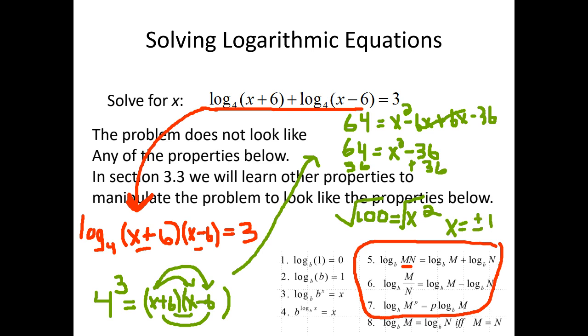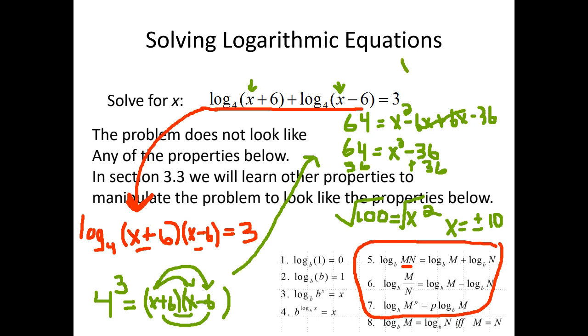Okay, so that is my possible solutions. I need to double check. So if I enter a positive 10 in here, I get 10 plus 6 is 16. 16 is greater than 0, so we're good. If I enter positive 10 here, 10 minus 6 is 4. 4 is greater than 0, so we're good.